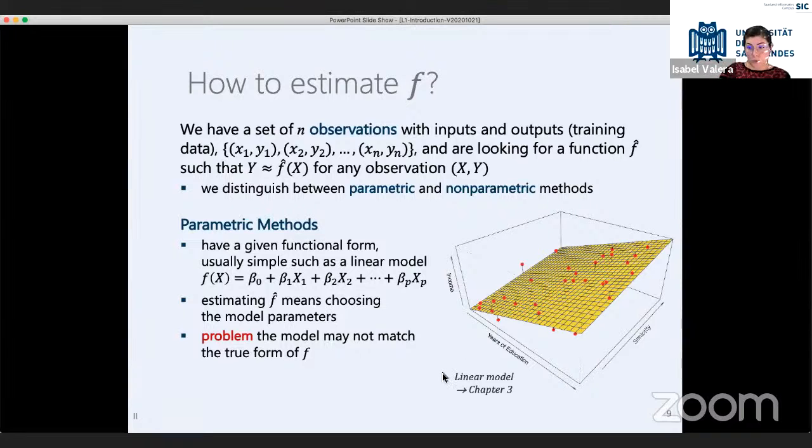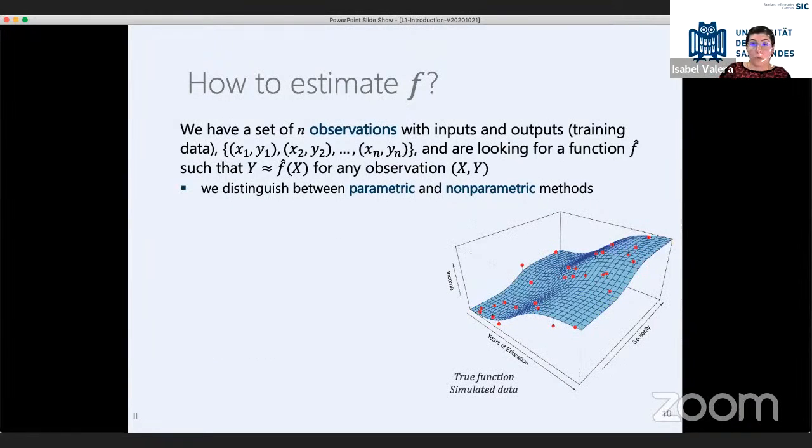So in order to solve that, what we can do is increase the flexibility of the methods that we use, and for that we can consider, for example, non-parametric methods.